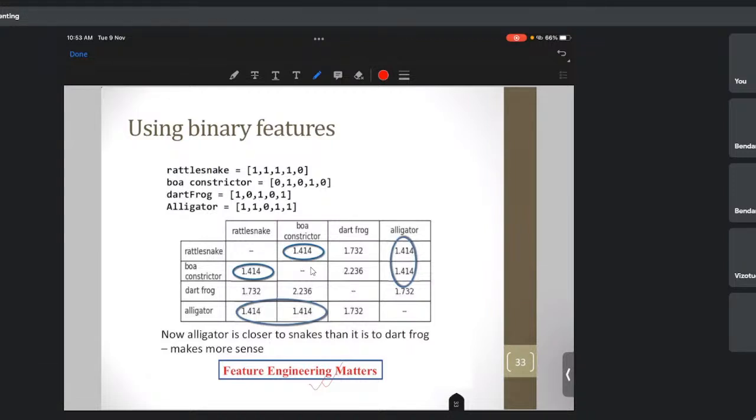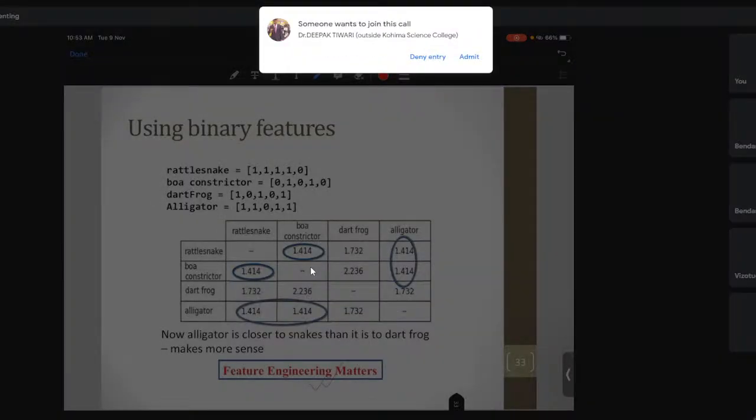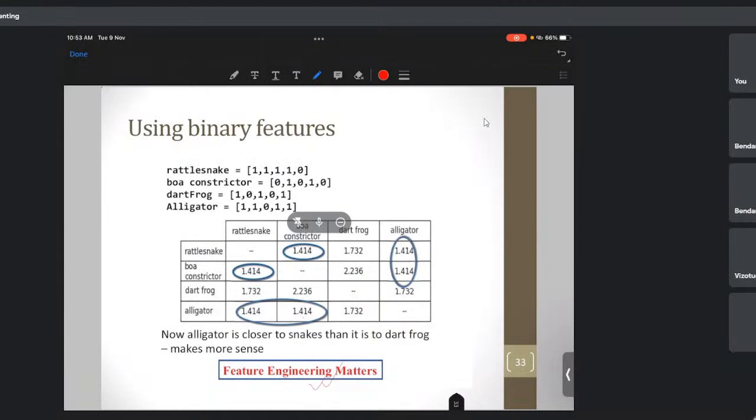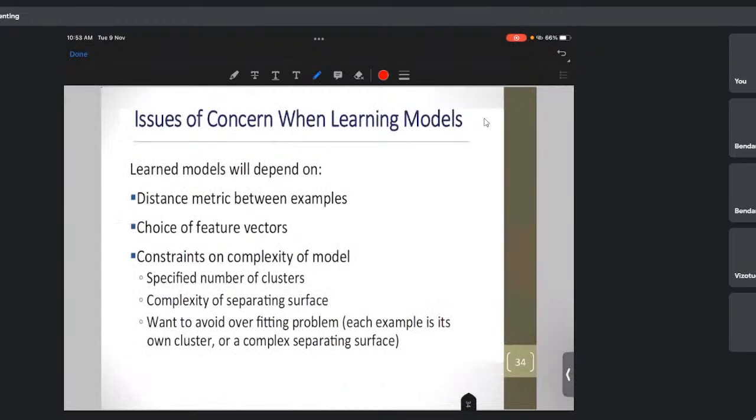Also, the choice of distance metric is important. You can see that this value may be different if we choose a different distance metric, and that may help us find clusters in a proper way. So these are issues concerning learning models.